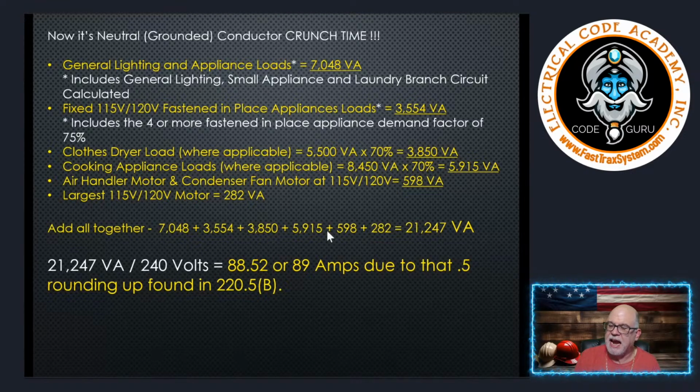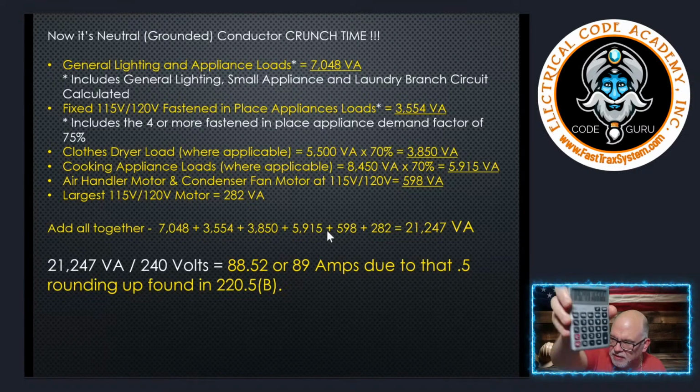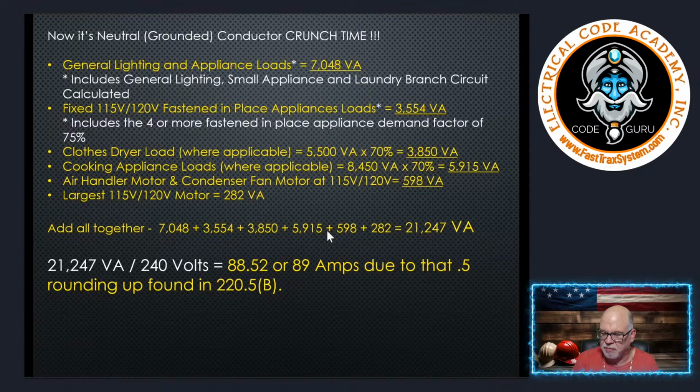Hold on here, I don't know if that math is right. 21,247 divided by 240 equals 88.52, I'm sorry, and we're going to round that to 89. So that is what our neutral load is, okay?